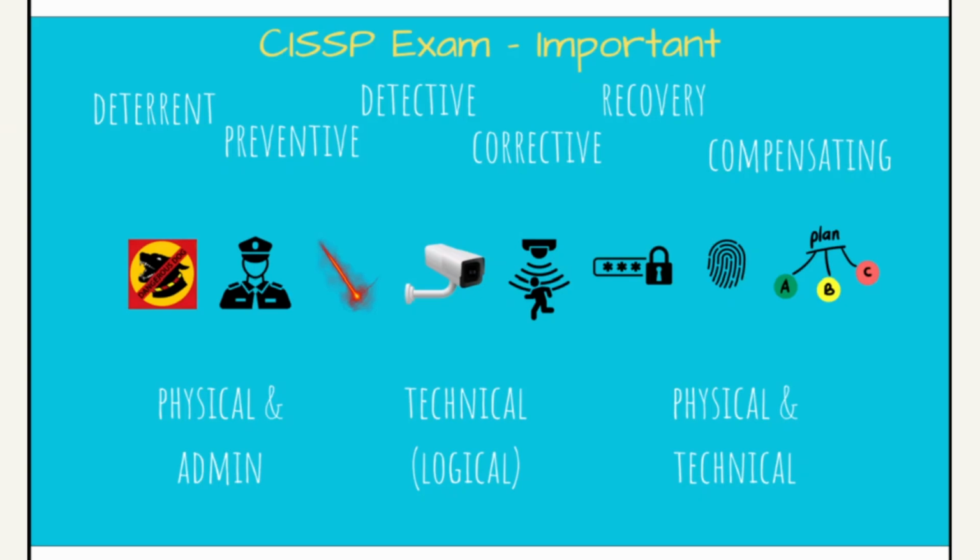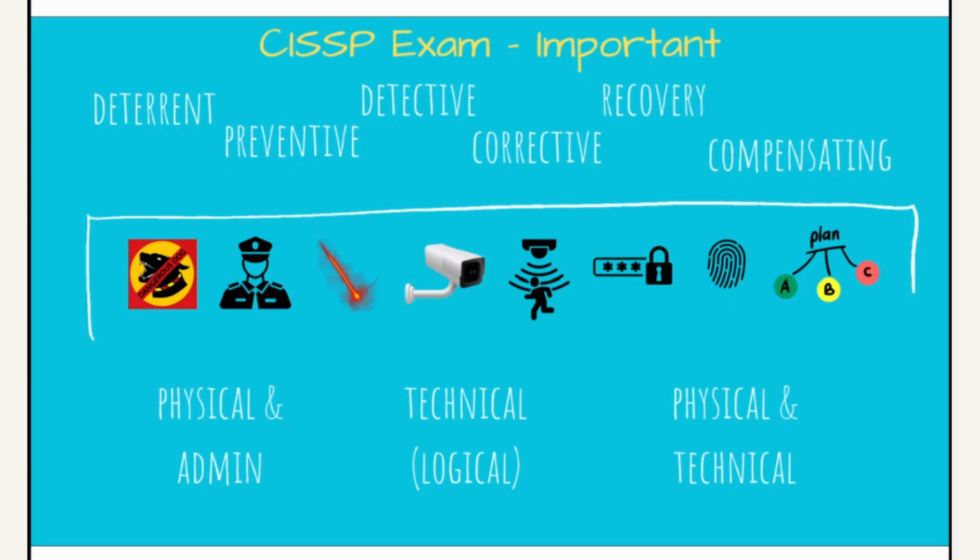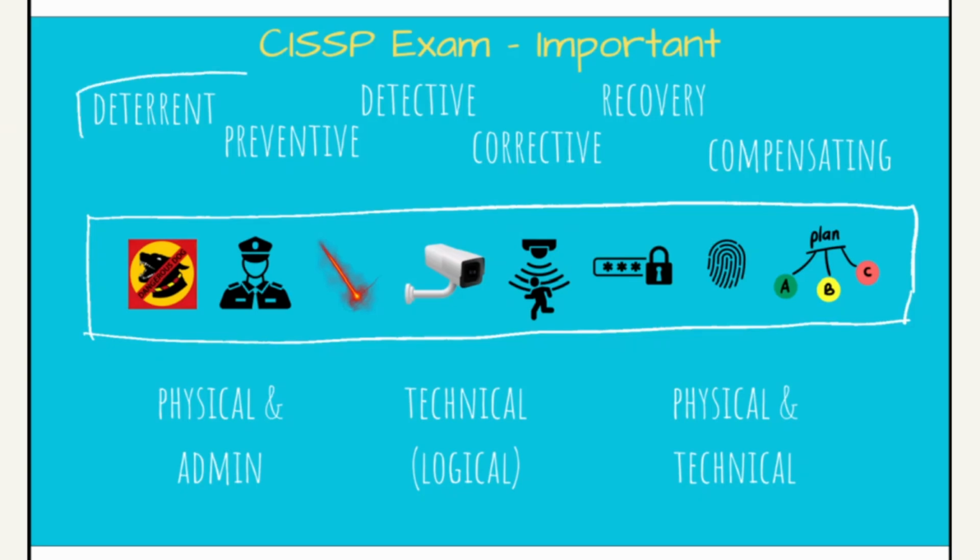So we went through all the security controls in this video, and now I want to do the mapping, and that's what you can expect in your CISSP exam. For example, we spoke about the deterrent control, where you discourage your users or threat actors. So think about a banner sign or your security guard sign.